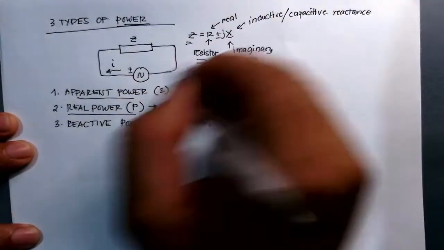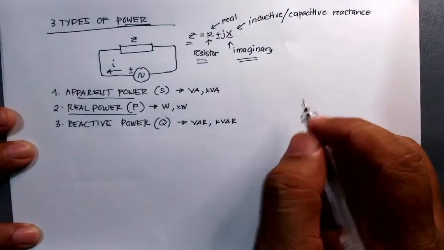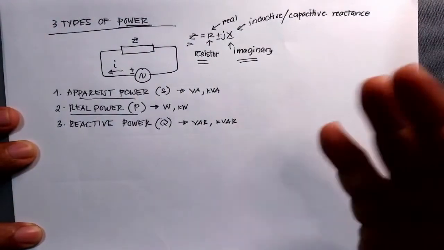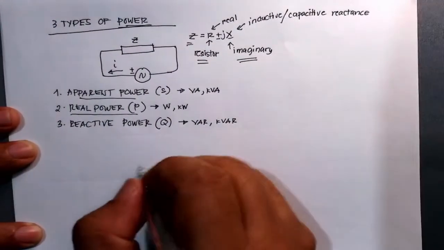So you know that these three types of power can be represented in a right triangle.